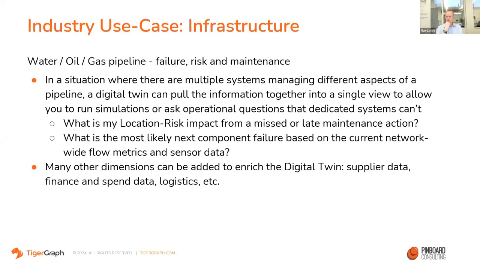This is one where the digital twin idea comes very naturally to people, because anyone who has a water pipeline, a gas or oil pipeline, or a rail network already thinks in terms of relationships, for instance between gates and pipes and pumping stations and pressure release, monitoring, sensors, etc.